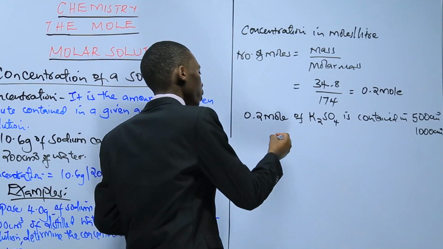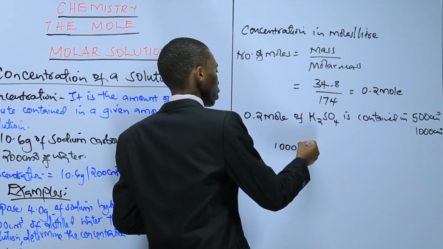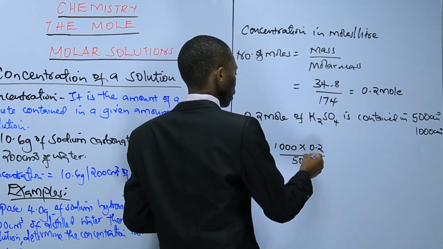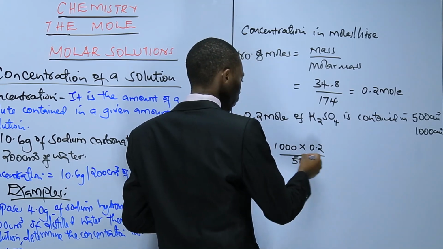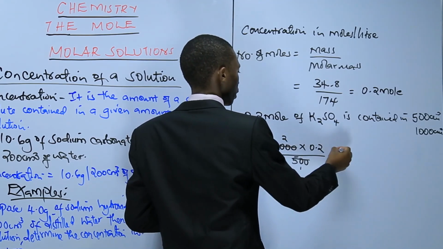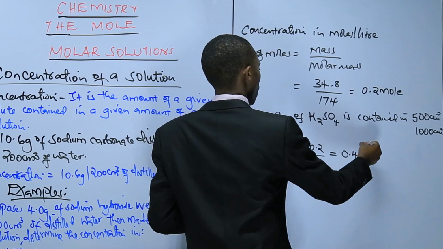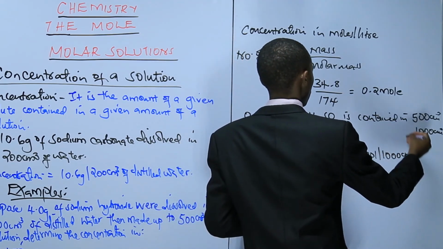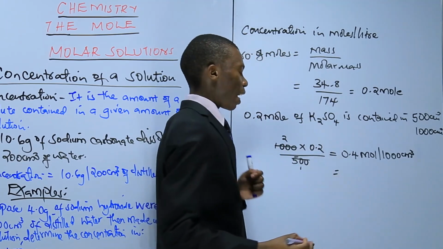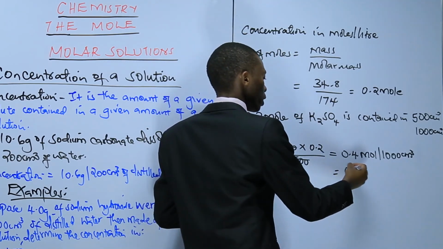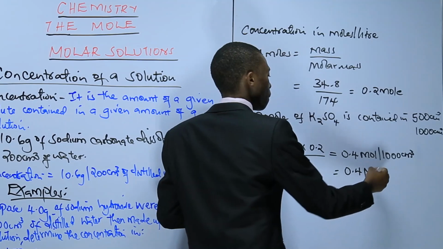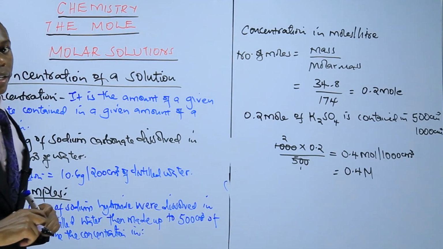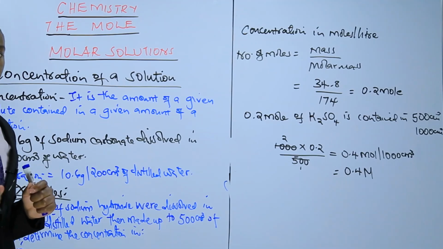This will be 1,000 multiplied by 0.2, divided by 500, and this is 0.4 mole per 1,000 centimeters cubed, which can also be written as 0.4 molar, with a capital M. That is the concentration.